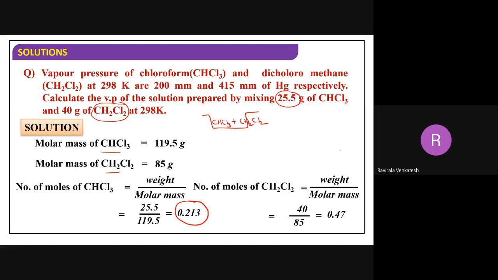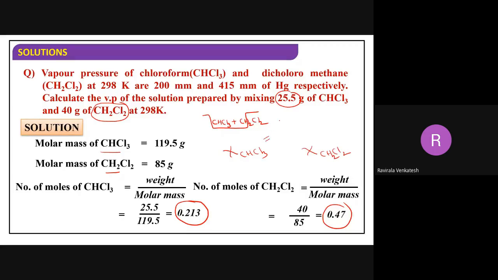So how many moles do we get? 0.47. Now based on these numbers of moles, can you calculate the mole fraction of chloroform and the mole fraction of dichloromethane? Say yes or no. Yes, sir. Which formula will I take for this?